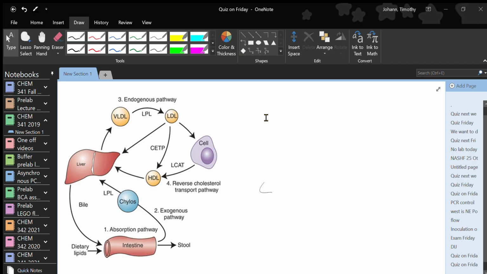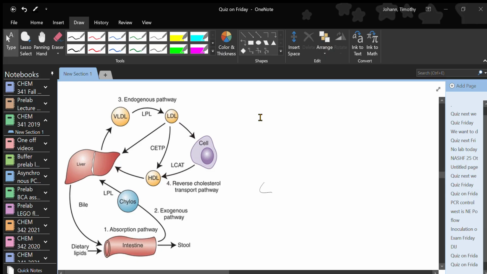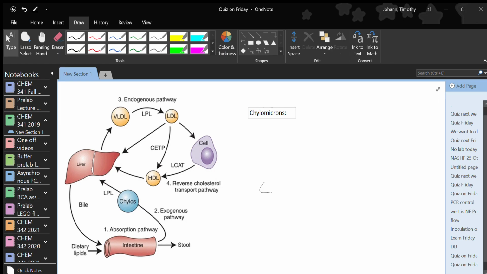They're broken down in your intestines, and your intestinal cells are going to make what's called chylomicrons. Okay, and what these are going to do is package up cholesterol and fat to go to the liver. I'm going to say triacylglycerols for fat.